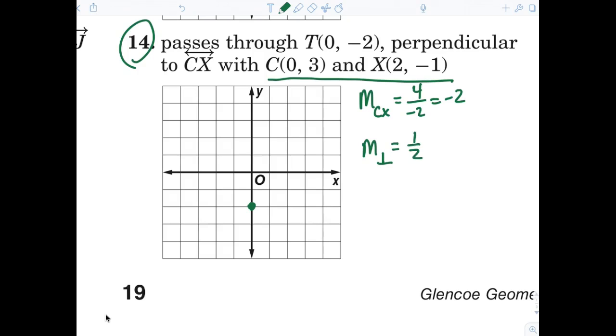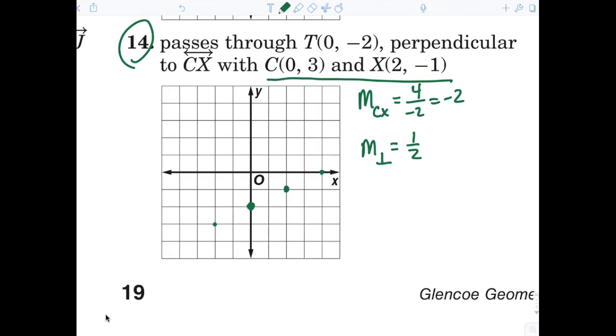So now from there I go what? Up 1 and to the right 2. So everybody do that. Up 1, to the right 2. And then I'm going to show you how I know it's perpendicular. Now I want to plot the points of CX.